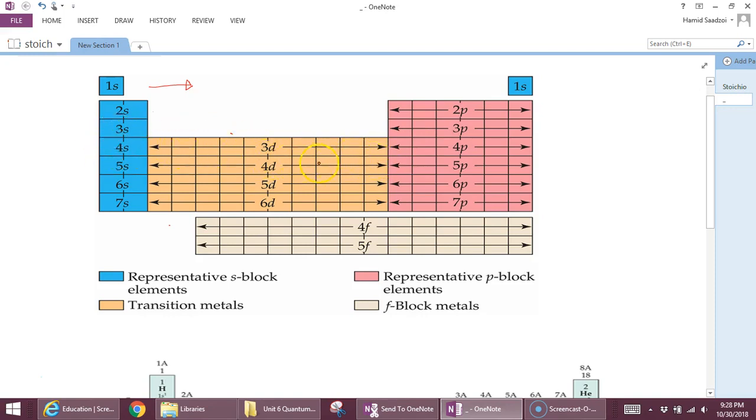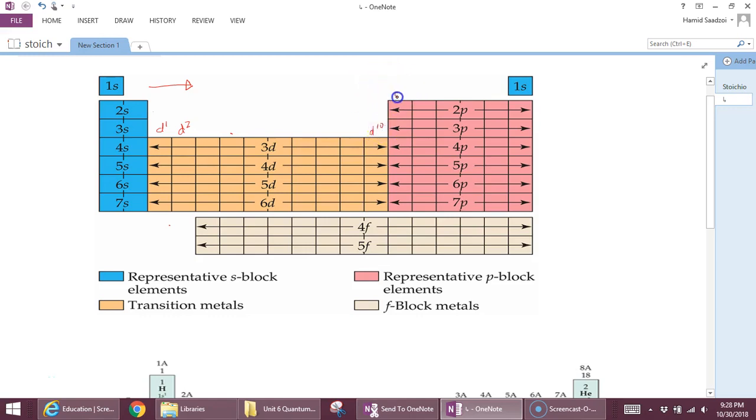So I'm just going to follow the periodic table going from left to right until I get to the element I'm looking for. The point of all this is to show you that the periodic table can be broken down into different parts. This is called the S block. All elements here end at S1, all the ones here end at S2, then you go D1, D2, all the way to here, which is D10.